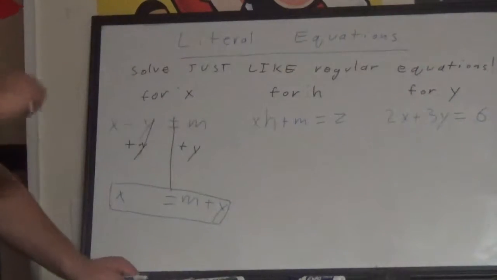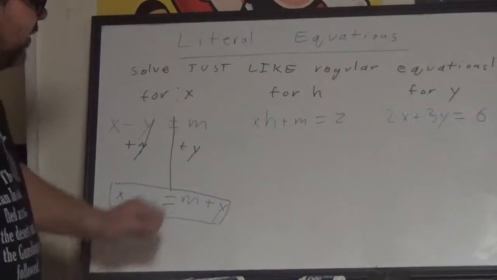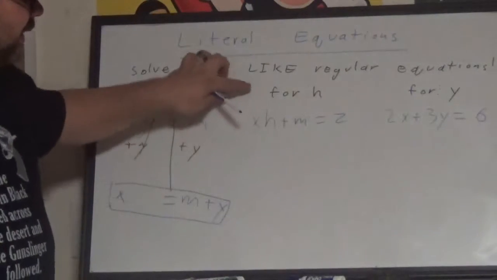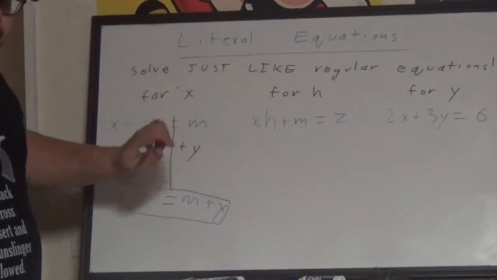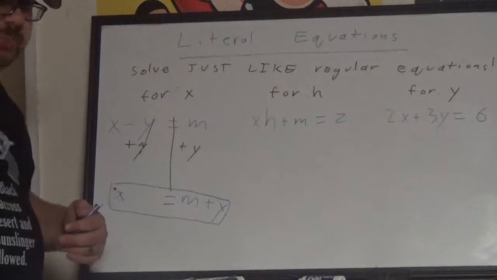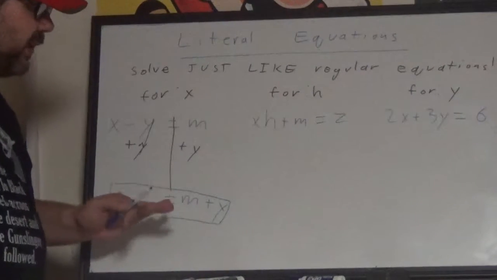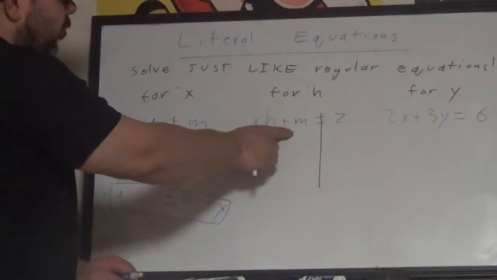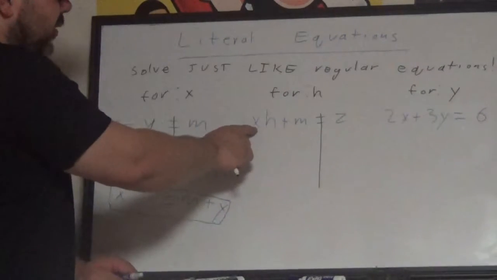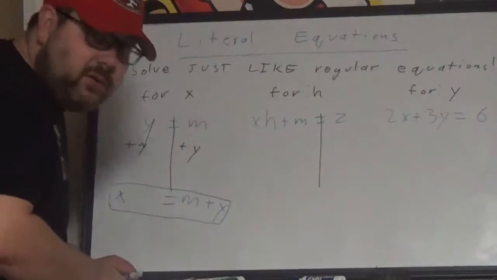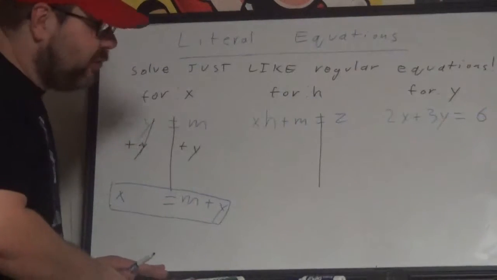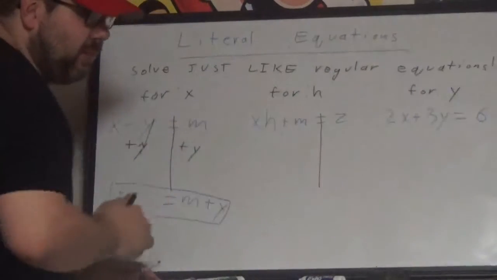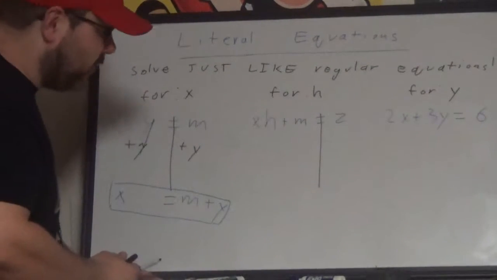The second one I'm going to do is a two-step equation. This time we have xh plus m equals z, and it tells us to solve for h. So this time we want to get h by itself. Treat it again just like you would a regular equation. You can get rid of either the x or the m first, but just like in a regular equation with numbers, if we divide by x, we have to divide everything by x, and it makes it a little bit more difficult.